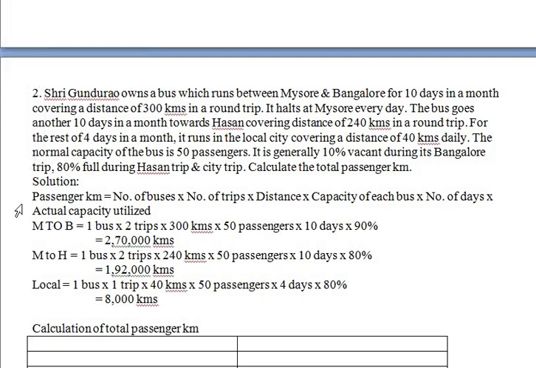Okay. Now Mysore to Bangalore total kilometer run is 2,70,000 kilometers.